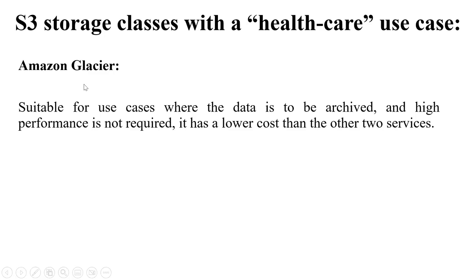It is suitable for use cases where the data is archived, like backup files, and high performance is not required. Here you will have latency issues while accessing the reports, but it takes some time, and it has a lower cost than the other two services. The objects stored in Glacier are charged at a very low cost.